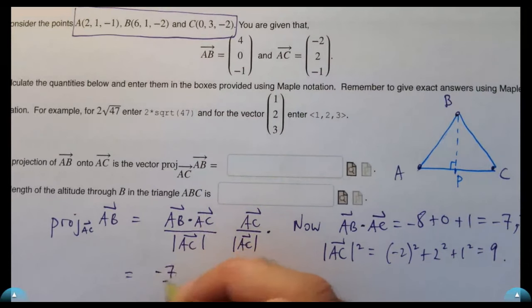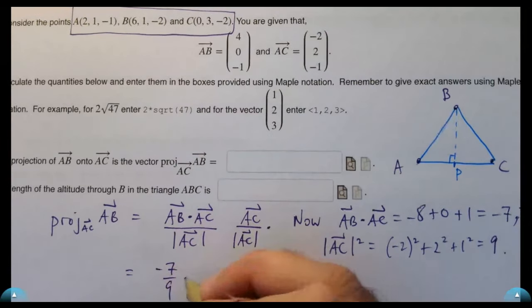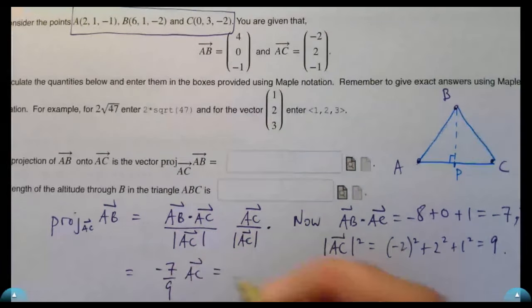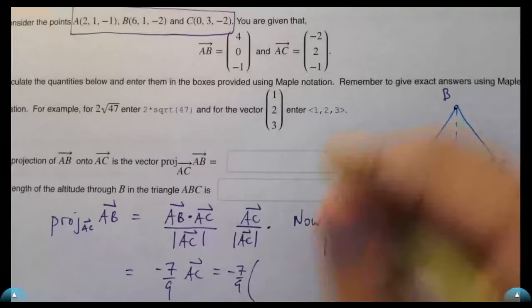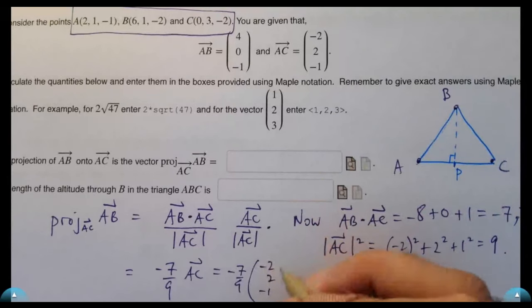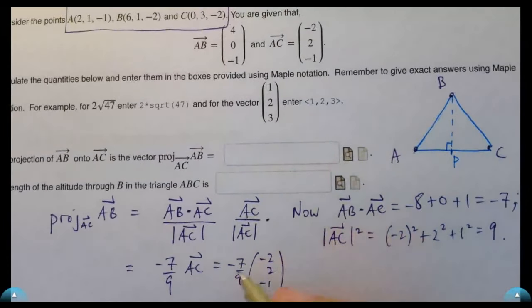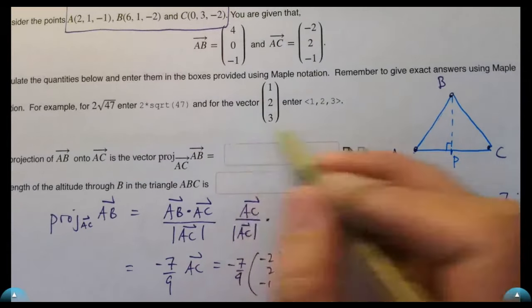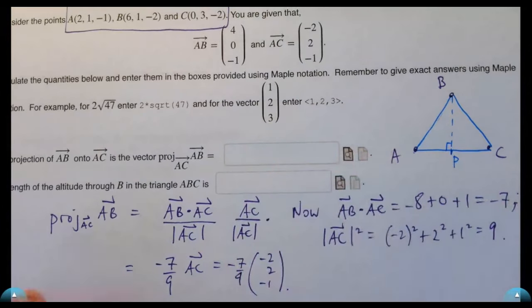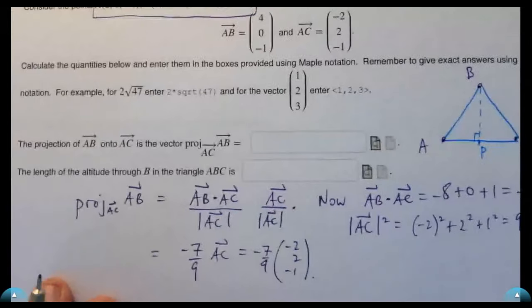We'll have -7/9 times the vector AC. So all you have to do now is simplify and put it into the box.